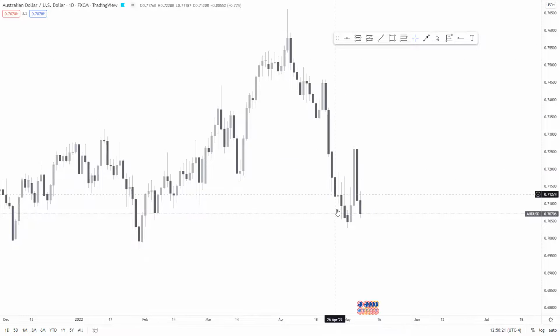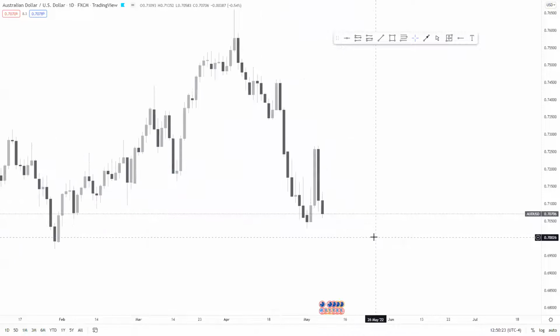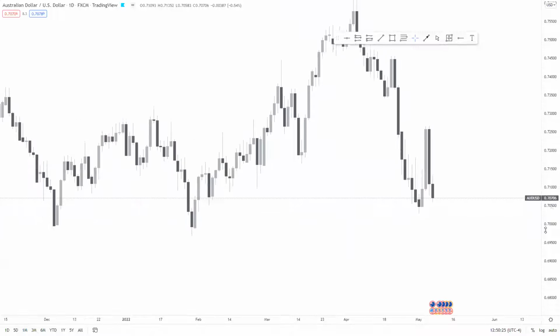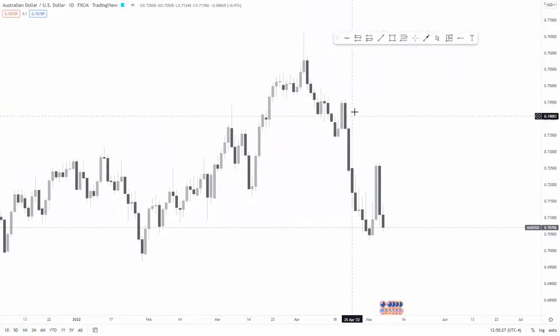So this is the AUD US dollar on the daily time frame. What we can see is that this push started breaking the lows that we had in the uptrend. So this push broke this low, this low, this low, this low, and also these lows. So we created a new low, and now we are aiming for lower lows, lower highs.